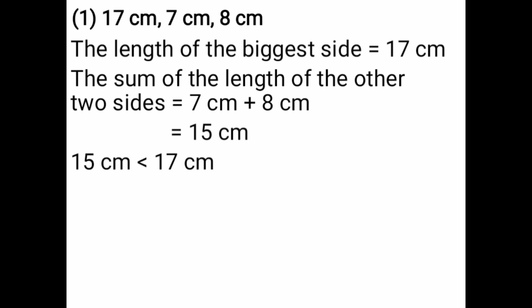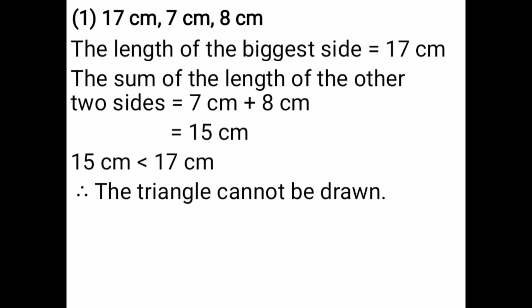15 centimeter is smaller than 17 centimeter. Therefore, the triangle cannot be drawn. Why can the triangle not be drawn? Here the two smaller sides, after adding, the answer is 15 centimeter.